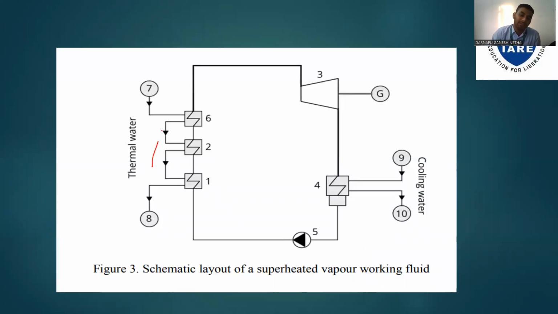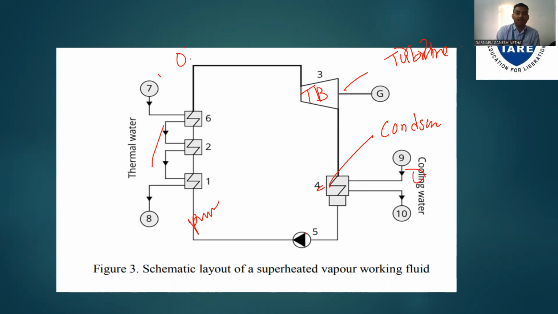So this is the thermal water, this is the cooling water, this is the turbine, and this is the condenser. This is the pump, and this is the boiler. The cooled liquid comes to the pump, and the pump feeds the boiler.